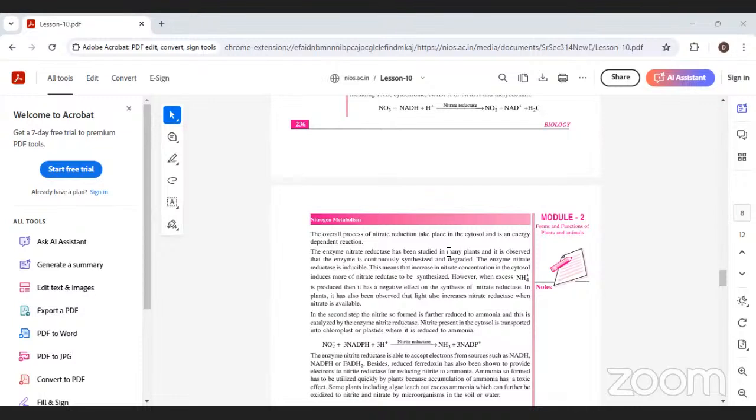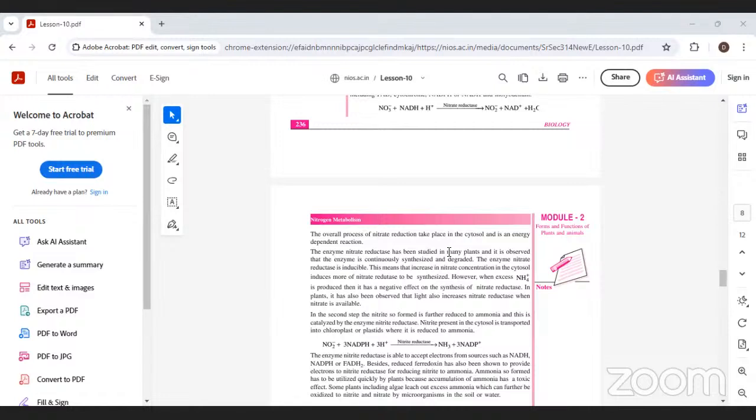The enzyme nitrate reductase has been studied in many plants, and it is observed that the enzyme is continuously synthesized and degraded. The enzyme nitrate reductase is inducible.